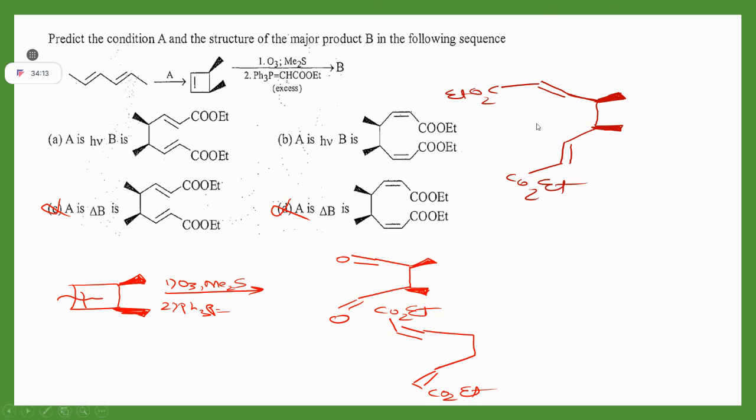I have to draw this one also correctly, but you can imagine it in this way. Now it is clearly visible that it is the substrate for your sigmatropic rearrangement.